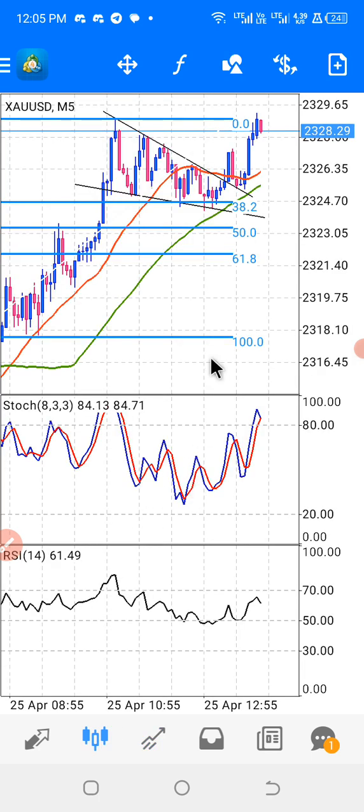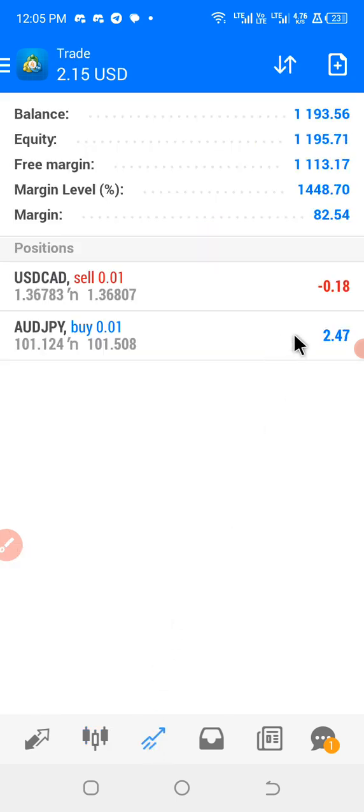You can see the momentum indicator is showing this pullback. It's a retracement, guys. Trust me, after this retracement, the new move to the upside will continue. So guys, we're able to make some little cash there.